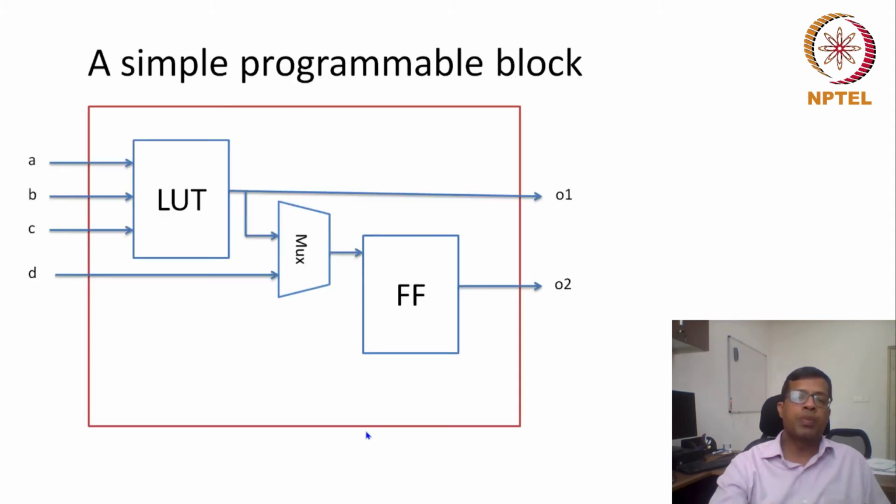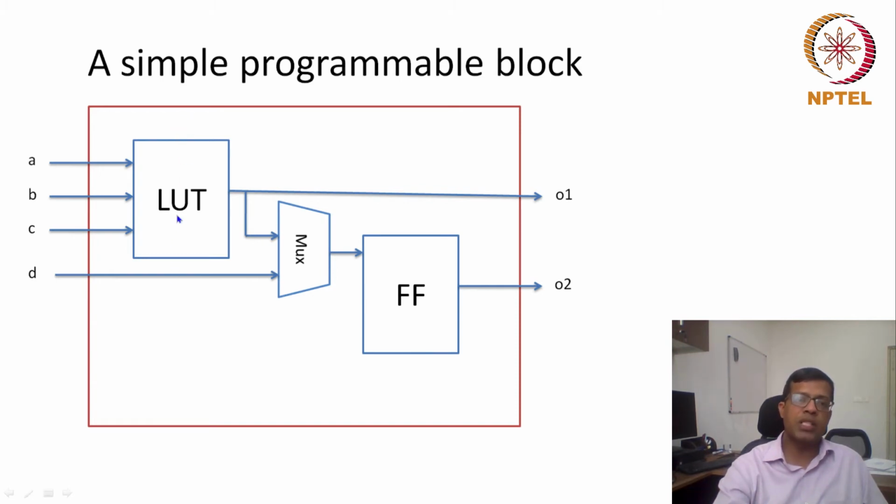Now because sometimes we would like to have an output which is flip flop based, and another time we would require an output which is not flip flop based, the typical architecture of a programmable block is that you will have an LUT, lookup table. Here the inputs to the LUT are 3, so internally there would be an 8 into 1 memory.